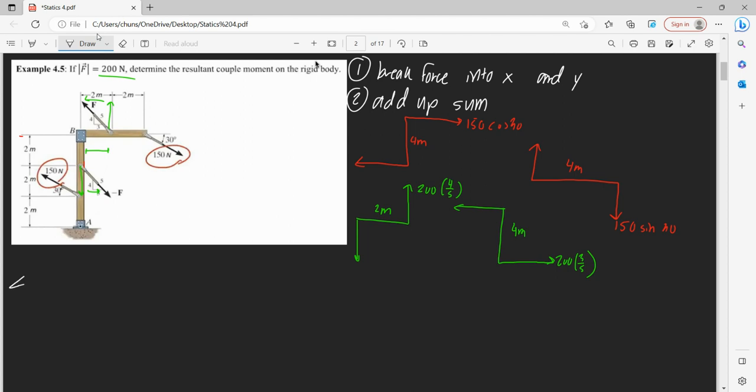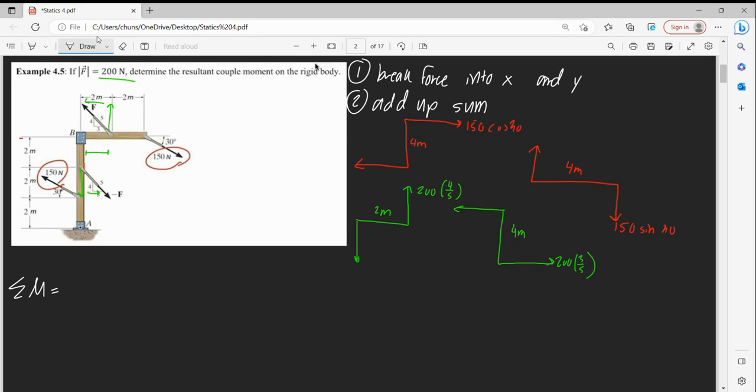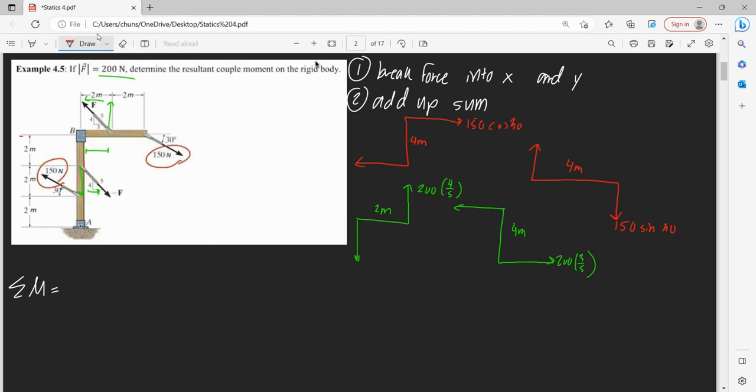So we're going to take the sum of all of these. So resultant couple moment. So we know couple moment is force times distance. So we're going to do that for each component here. So our first one, our force is 150 cos 30, and our distance is 4 meters.